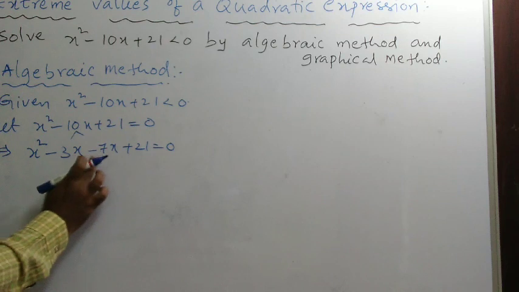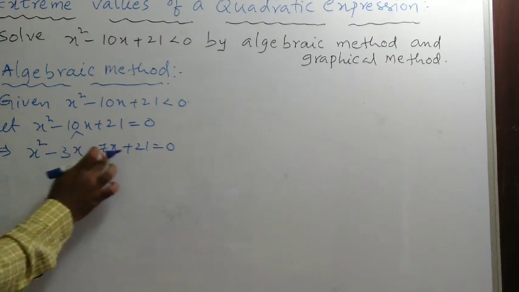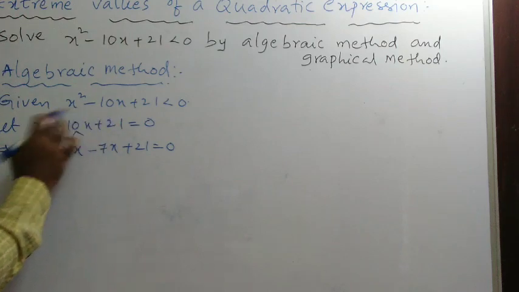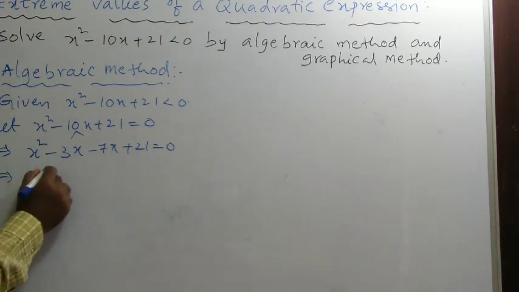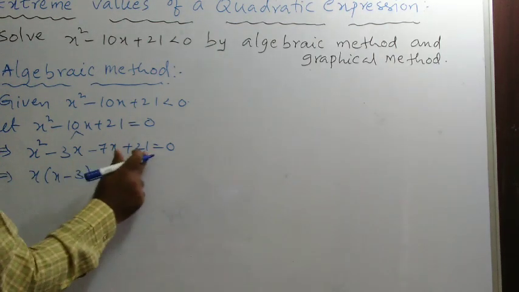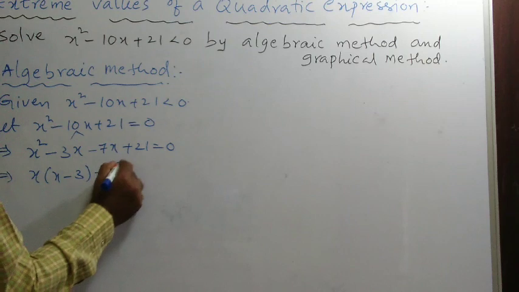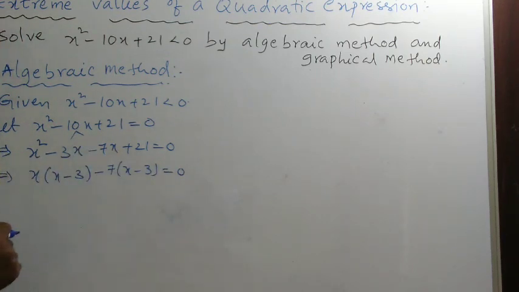And if you multiply these two, minus into minus is plus, 7 into 3 is 21, and x into x is x square. Now take x common, then x into x minus 3. And from these two we can take minus 7 common, because to get x minus 3.